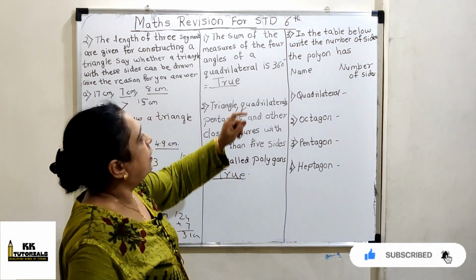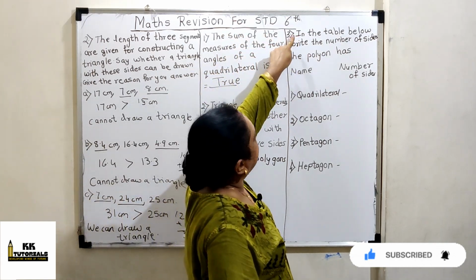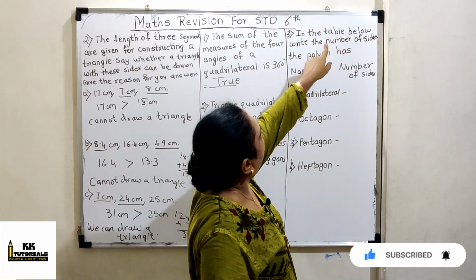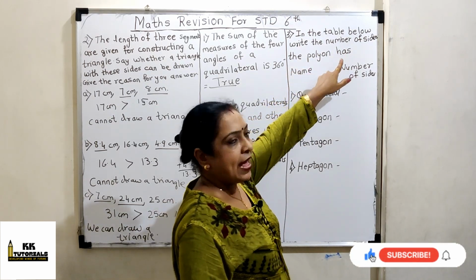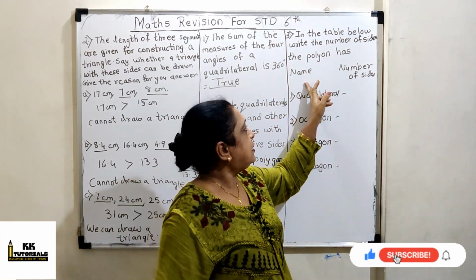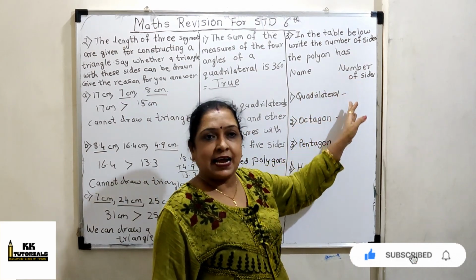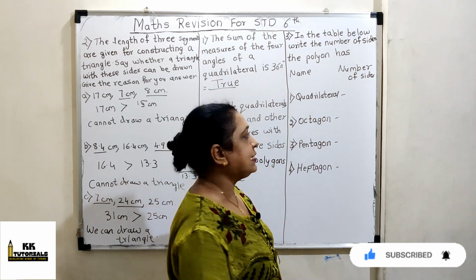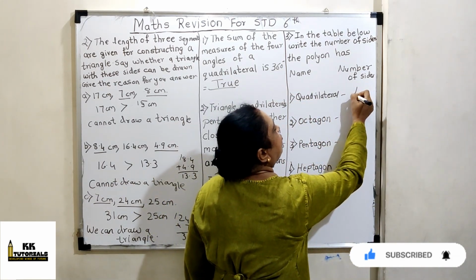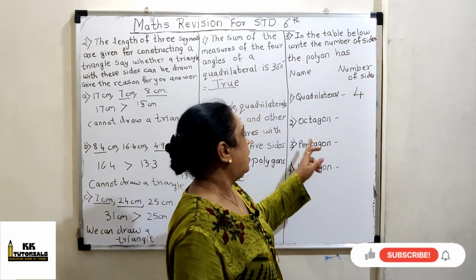Okay. Now, question number 3. In the table below, write the number of sides the polygon has. Here, the names are given and here sides are to be written. Okay. So, quadrilateral has how many sides? 4 sides.